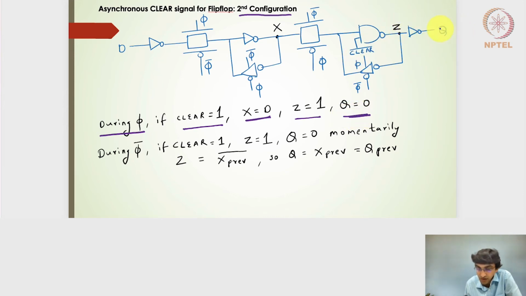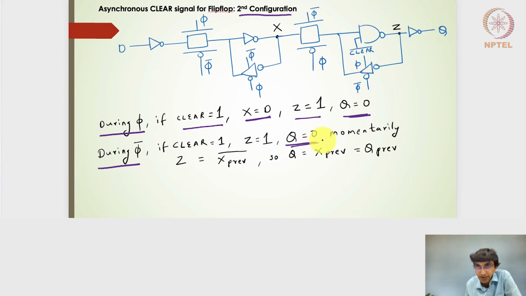So irrespective of the D signal, I'll get Q to be 0. During the low level of the clock, if clear is 1, Z will be 1 and Q will be 0. Again, during the low level of the clock, irrespective of the transmission gate and tri-state clocked inverter, the output will be 0.